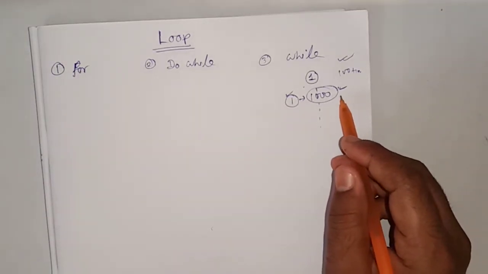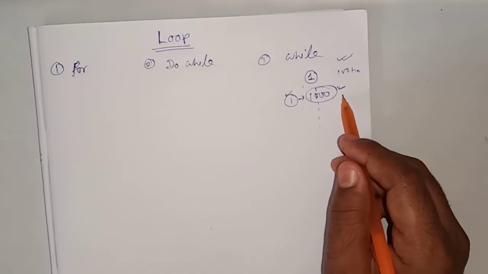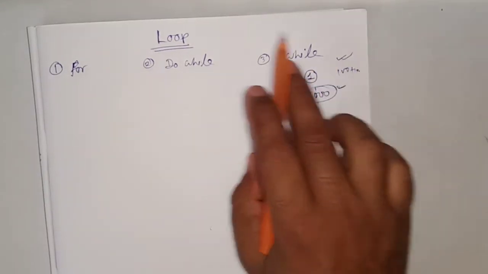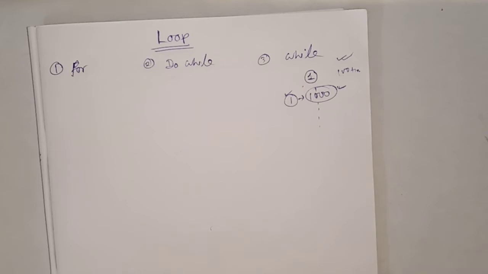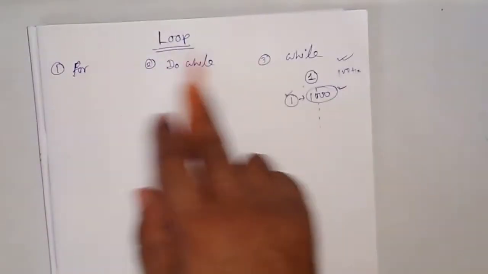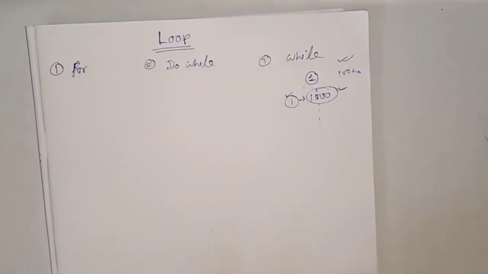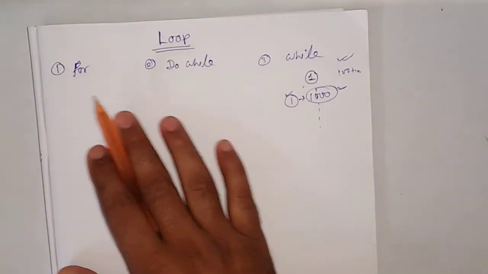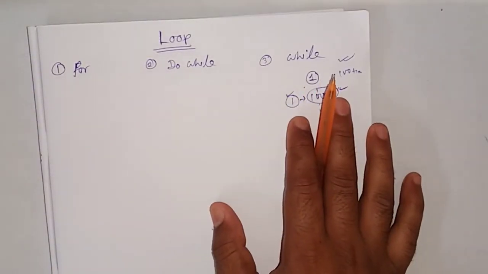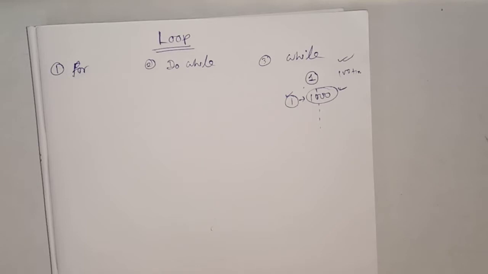So these are the things we discuss inside the loop. Okay, I will discuss all the loops one by one, then I will explain the difference between the three different types of loops. First, the for loop: how we write it and all those things we discuss first.